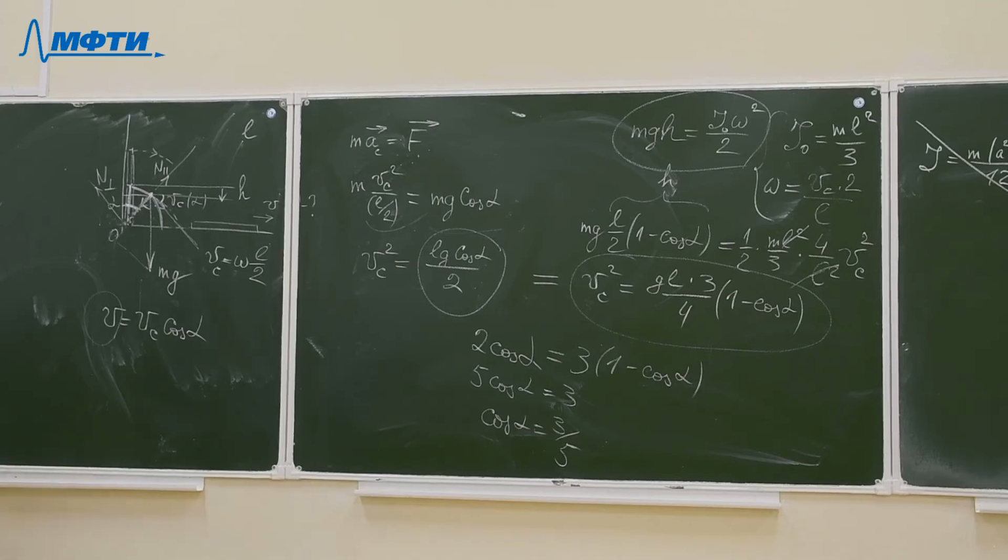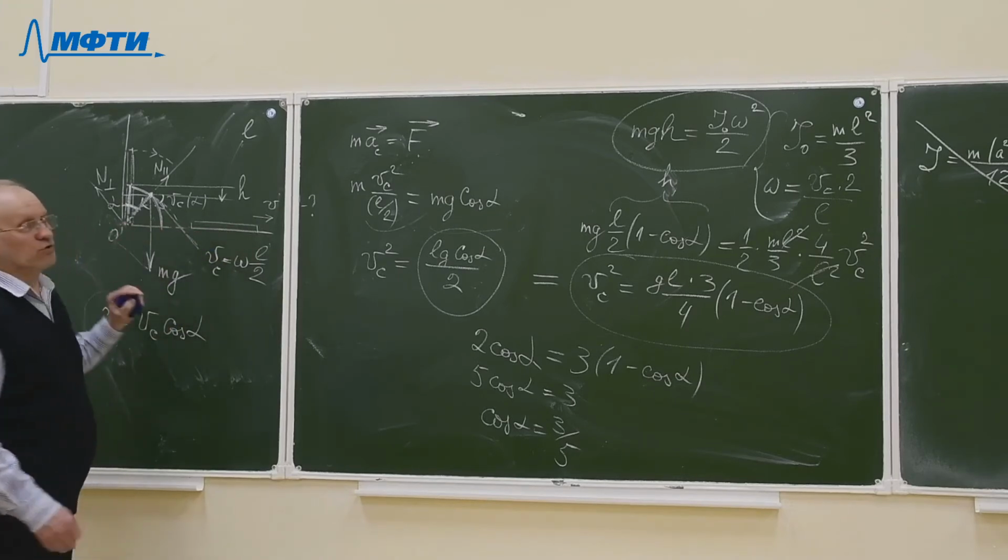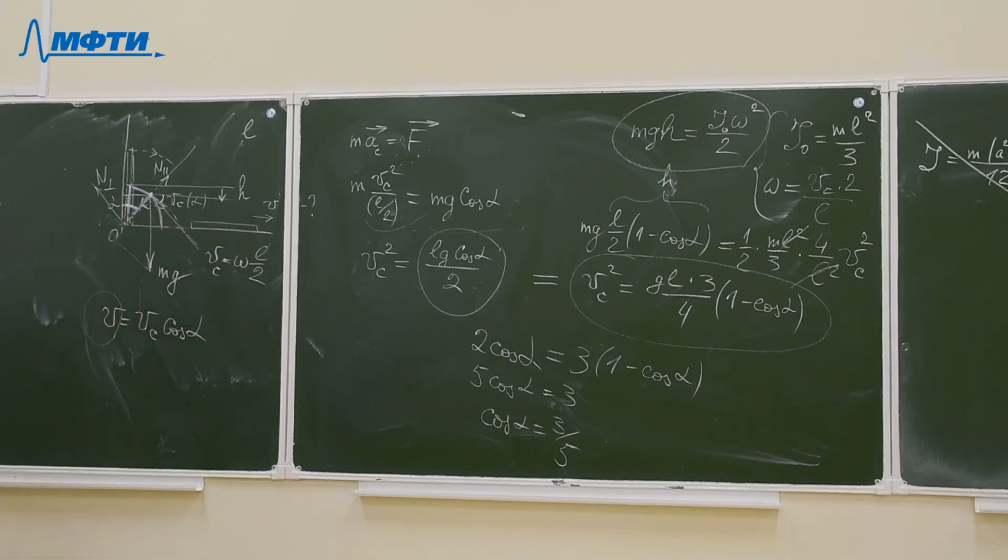But according to the statement of the problem, there are no forces acting on the plate from the floor because the floor is ideally smooth. The plate is sliding without friction. So this is the horizontal component of the center of mass velocity, and that will be the final answer to our problem. I need just to calculate it.